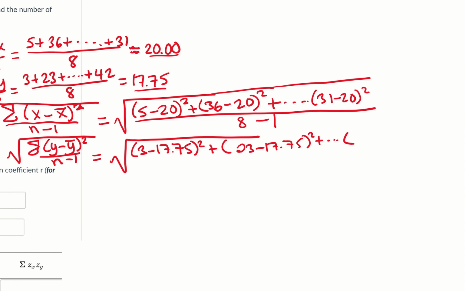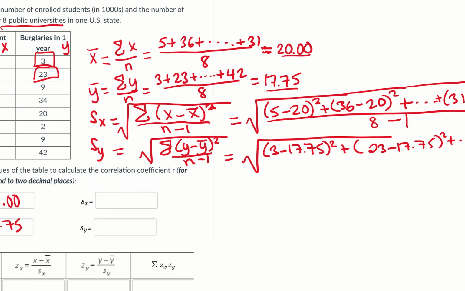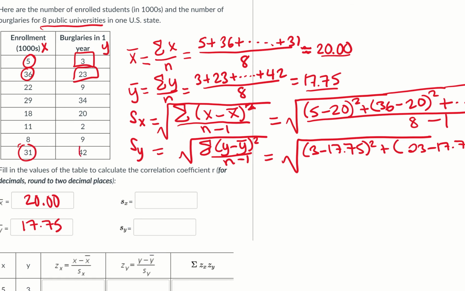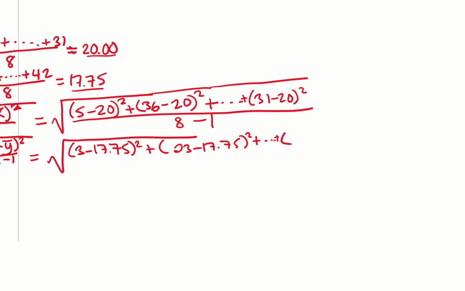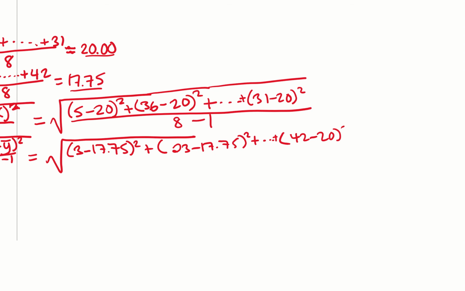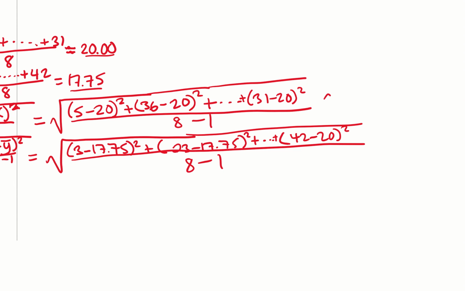Plus dot, dot, dot. Last one is 42. All over 8 minus 1. So we can go ahead and calculate these.